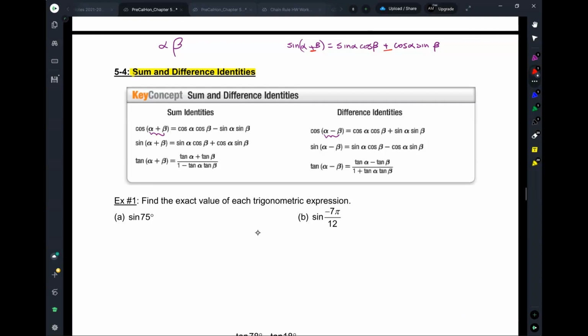And if it was cosine of alpha plus beta, then it would be cosine of the first, cosine of the second, minus, this time the sign switches, sine of the first, sine of the second. And if there is a minus here, then there is a plus here.